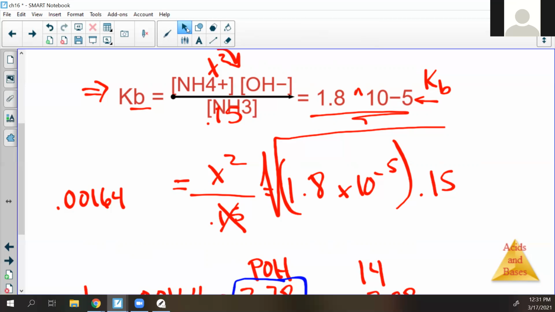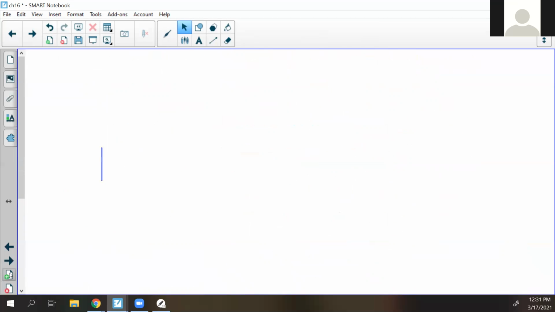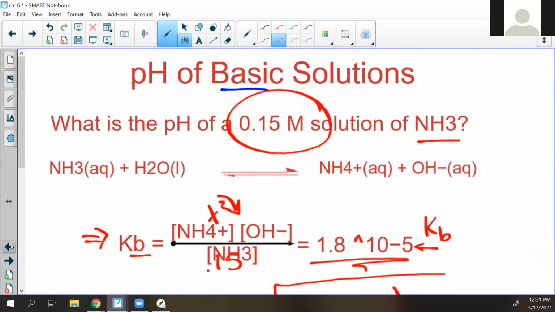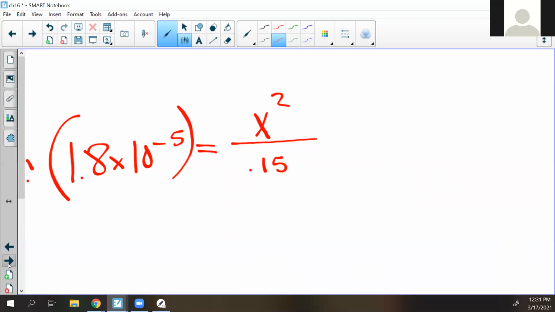If I have 1.8 times 10 to the negative 5, it's equal to my two parts, which are equal to each other. So we have my x squared over my initial concentration, which was 0.15, and I want to solve for x. To solve for x, you multiply both sides by 0.15. Does that part make sense?